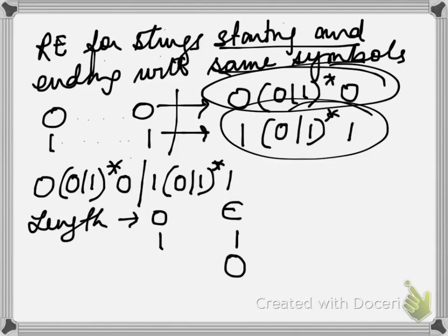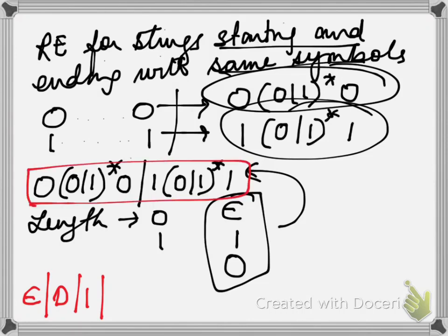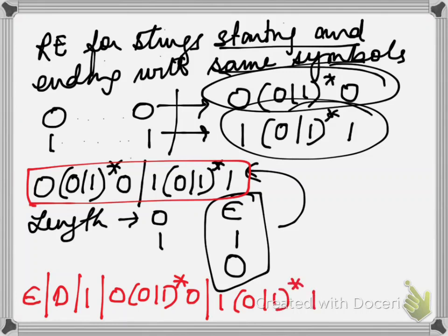So we can combine these three with our regular expression here. Either it will be epsilon, or a 0, or a 1, or 0 (0 or 1) star ending with 0, or 1 (0 or 1) star ending with 1. So this is our regular expression for strings starting and ending with the same symbol.